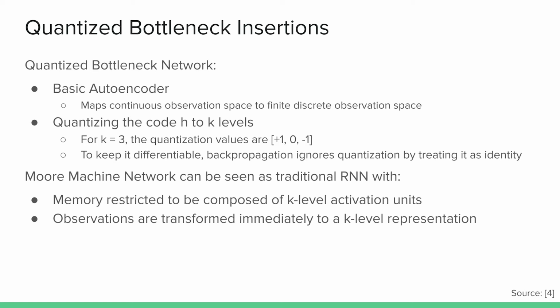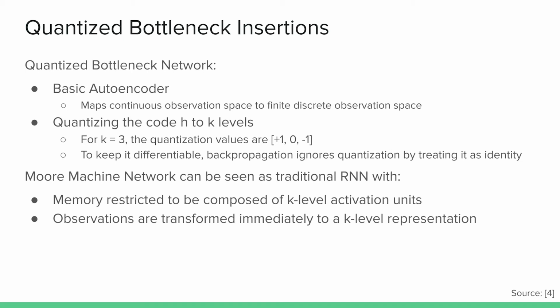How we're doing this is that we're quantizing our hidden state code to k levels. If we have k equals 3, then we would quantize the value to be either +1, 0, or -1. If we quantize it to these 3 states only, we can interpret this as a state machine.